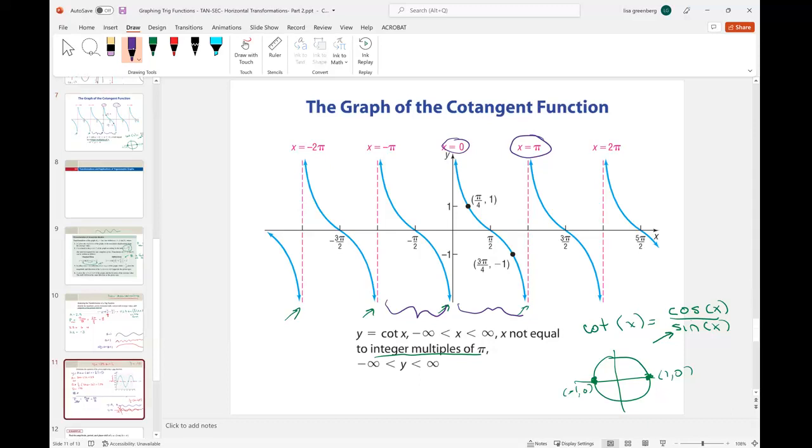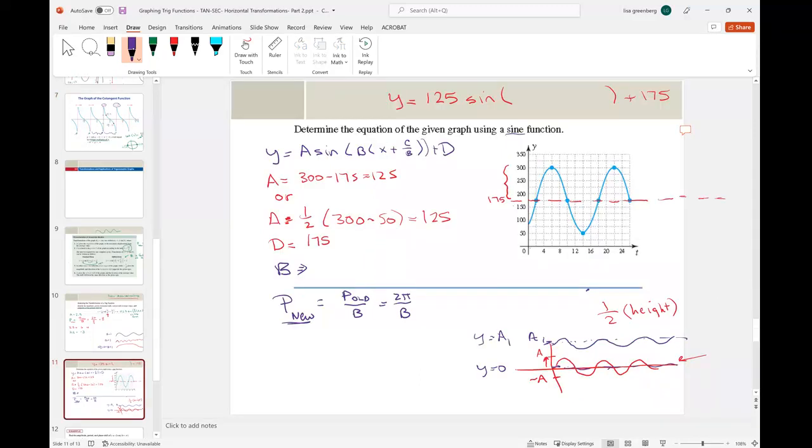So if I want to find the period, I have to find one cycle, which is not that difficult. I just have to pick a starting point and an ending point that are the same. For example, these two points represent one cycle, because it goes up, comes back down, returns to the same point, and then starts over.